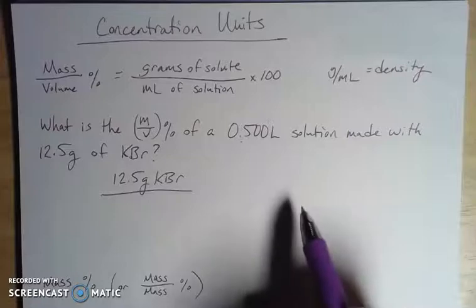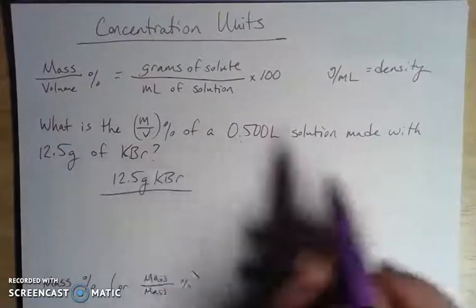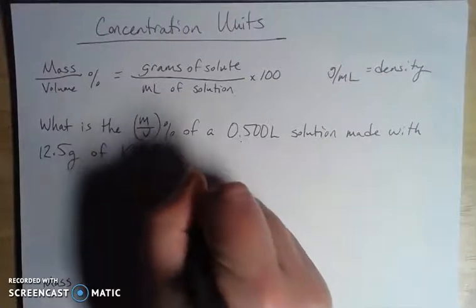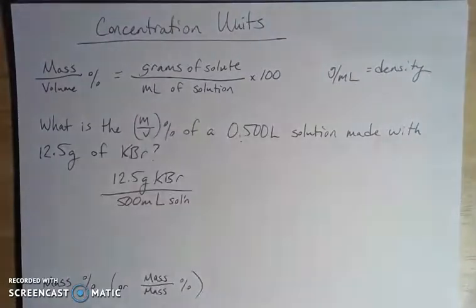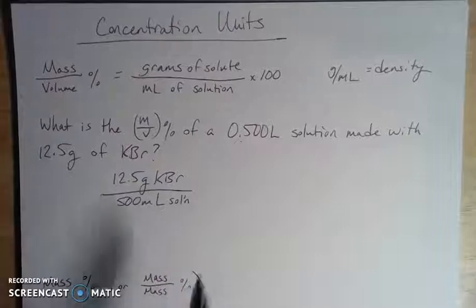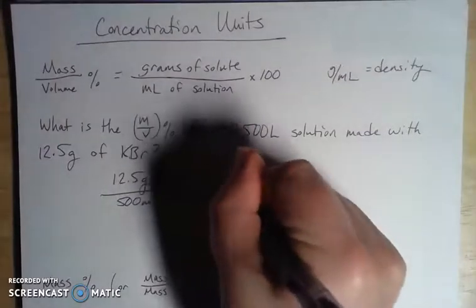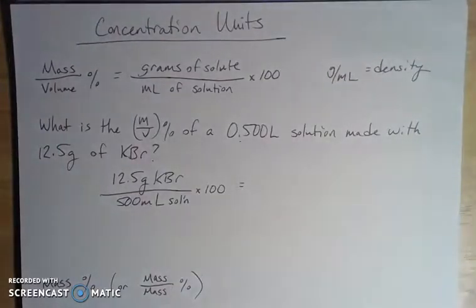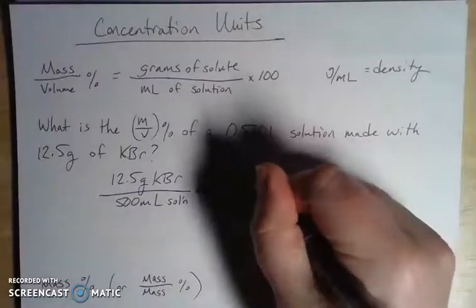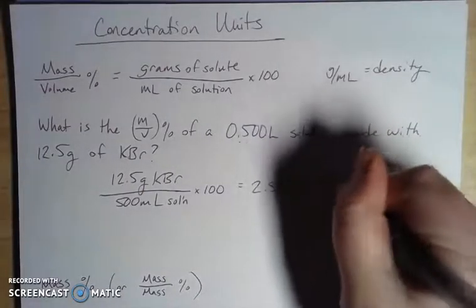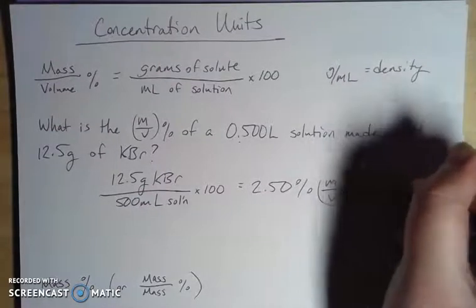We know that there's 1,000 milliliters in 1 liter, so that would give us a 500 milliliter solution. My notation there is SOL with an apostrophe N. That's kind of a shorthand for solution. And then when we multiply this by 100, then this is going to give me 2.50% mass volume of KBr.